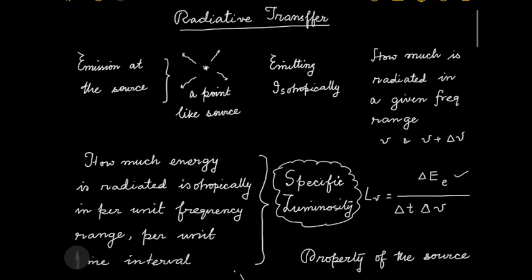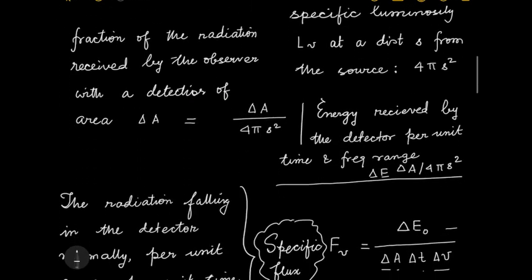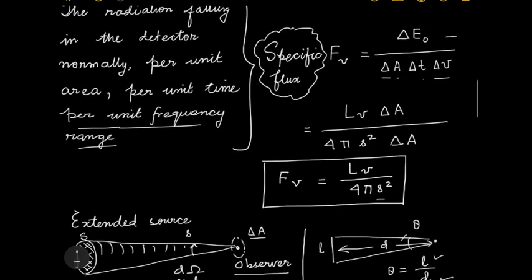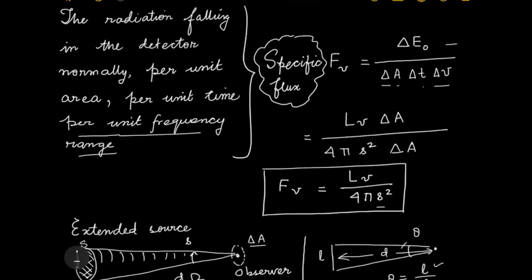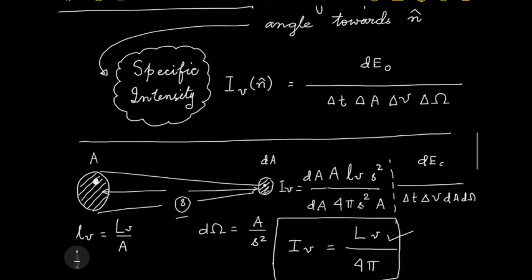And let's see what we have learned today. So we started with talking about radiative transfer, and we identified several things. One is what we defined as specific luminosity, which is a property of the source. Then we defined a quantity we called flux, which is a property of the observation of the radiation that is being observed, but it depends on the distance to the source, so it is not very useful to use.